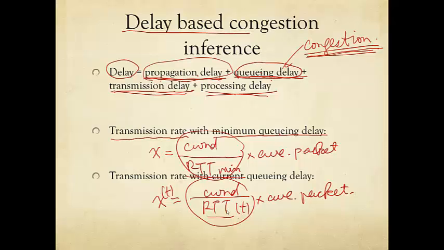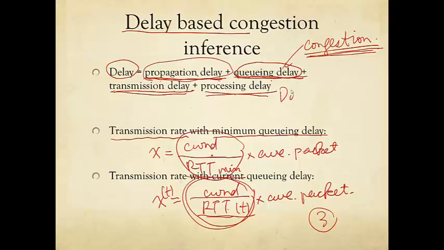For example, if this difference is very big, that means that this round-trip time at this point is very big, and therefore this number is small, and therefore the difference between these two numbers is big.